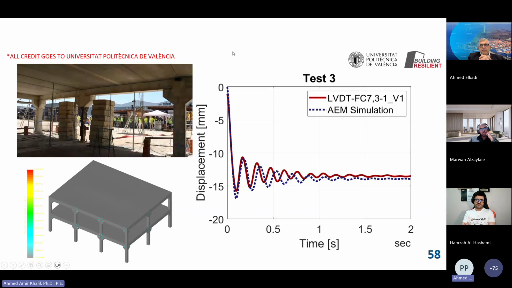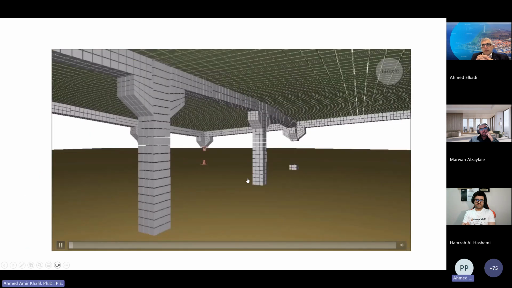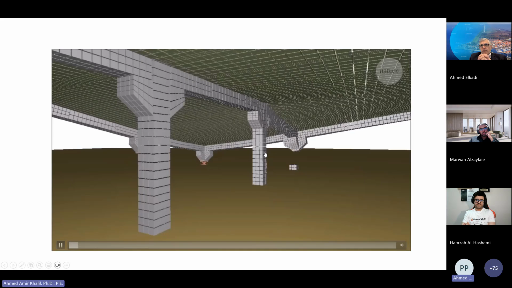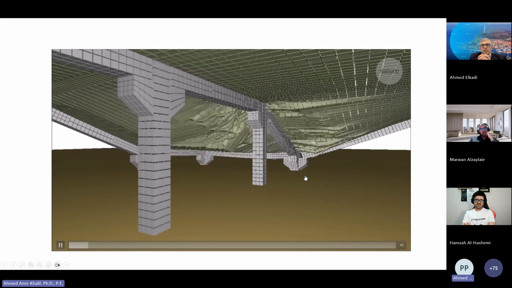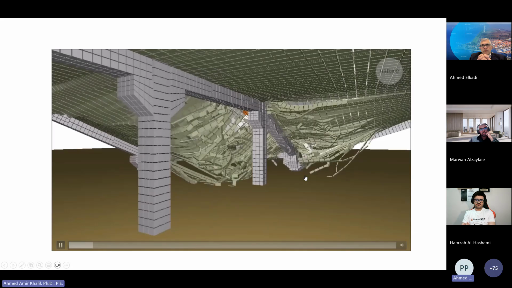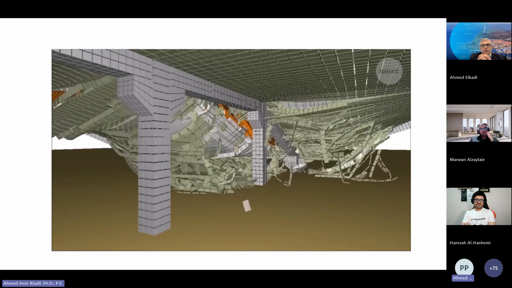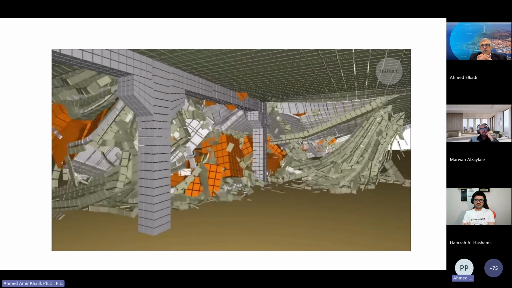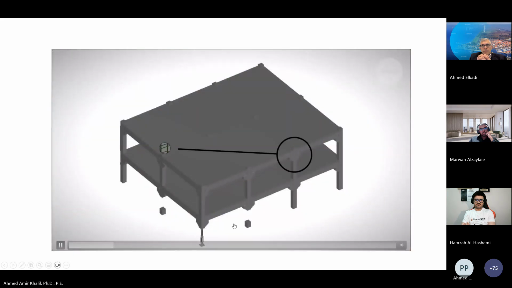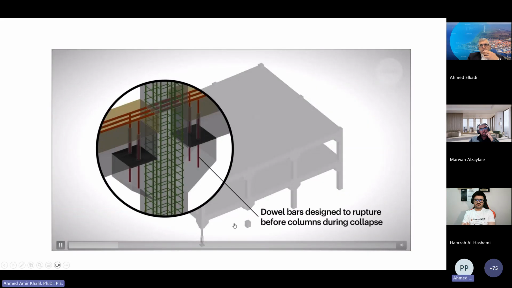And then they went with even higher load, did the same thing, and then they went with much higher load to induce full collapse of the structure with two columns removed. And this is the simulation that they did ahead of the time. This was done by the university. And then they actually went and implemented the same case.